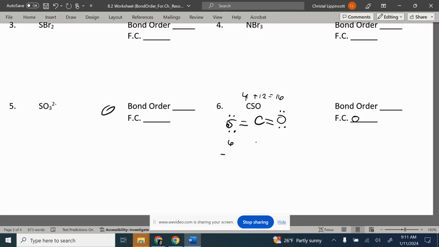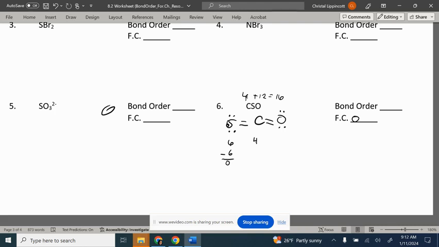Now, this is the only time that you count these lines as 1 electron, is when you're calculating the has amount. Okay, so I'm going to count these. 1, 2, 3, 4, 5, 6. 6 minus 6 is 0. So my overall formal charge for my sulfur is at 0.